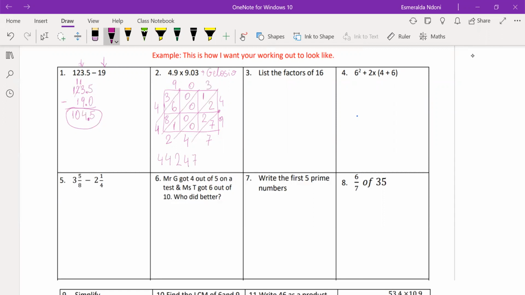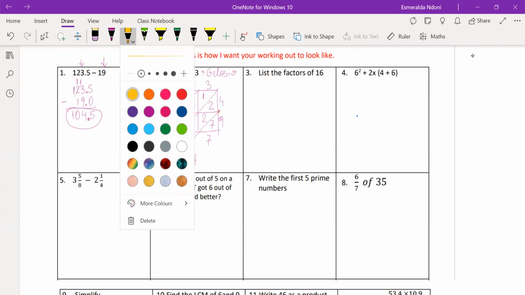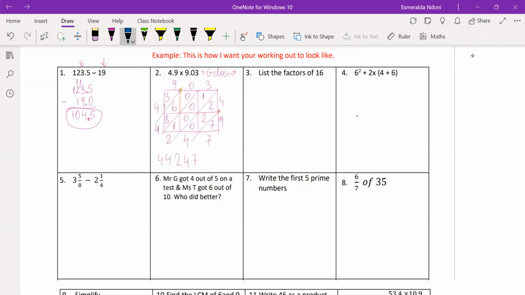Don't forget the decimal point, so let's just put that one in. So that it's here to start with, and it's there. So if we drag them along together, I better get a different color so then you can see better. That'll do. And we drag. So 44.247.